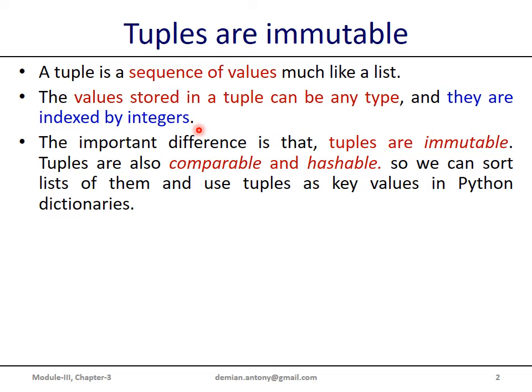As I said, the difference is in terms of utility. Tuples are immutable, but also tuples are comparable and hashable.